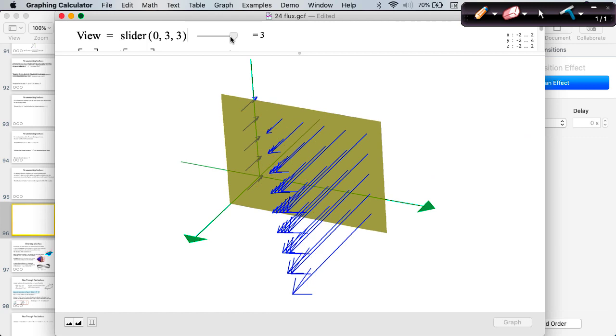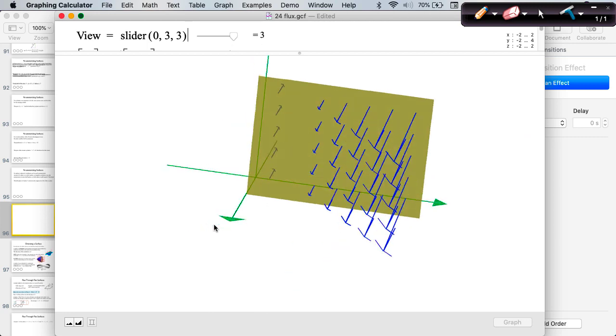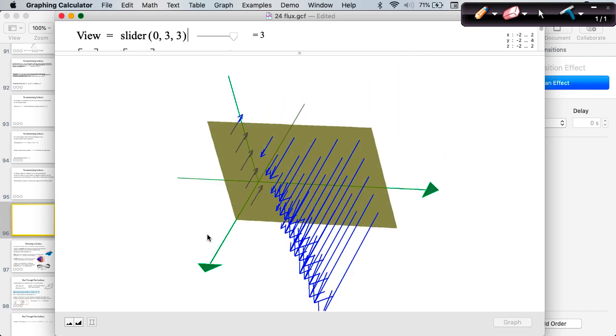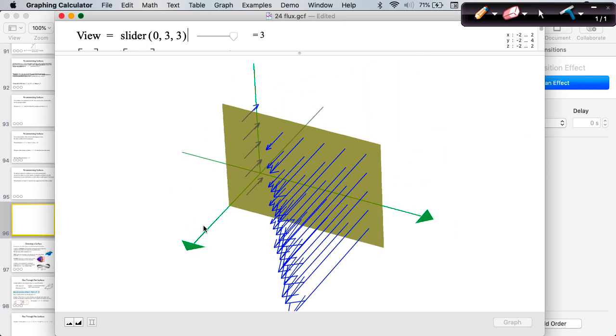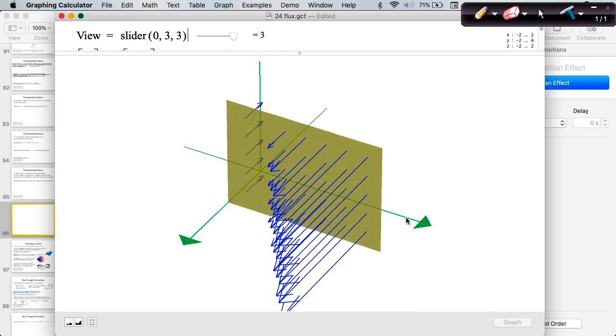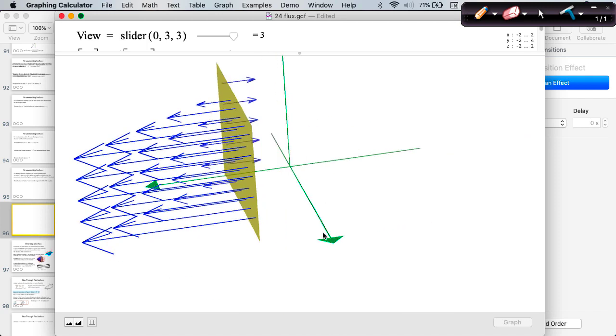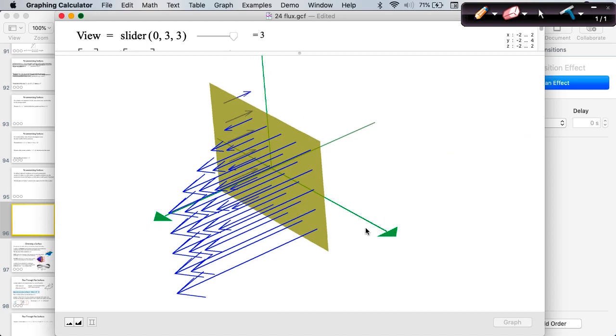Okay, so all I care about then is these components of the actual vectors at the surface itself. And so what do we predict? If I make the orientation in the positive x direction, then what do I expect for the flux? Positive, right? Because the net amount of flow, there is some flow in the negative direction, but way more flow coming forward.